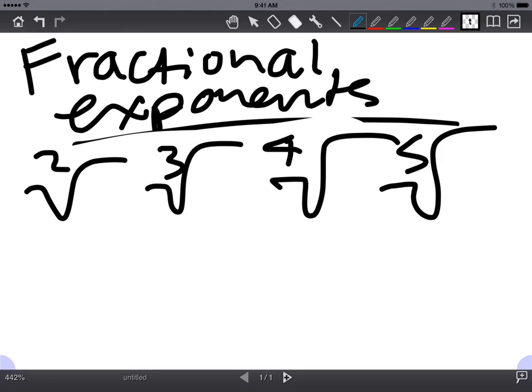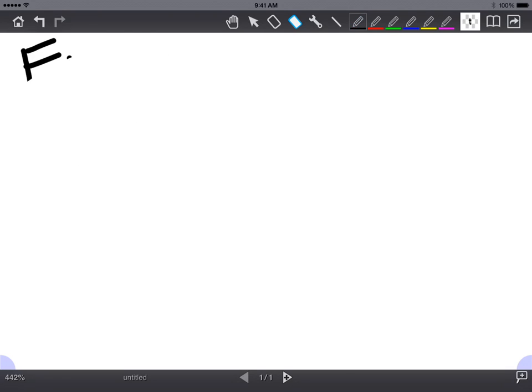So let's just go over some terminology and introduce you to the world of fractional exponents. Okay? So I'm going to prove to you the concept of fractional exponents.